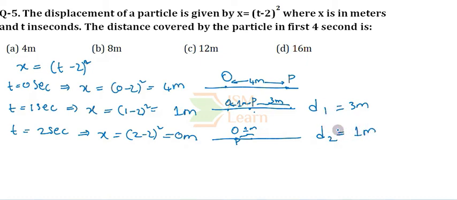We are talking about the distance traveled; the formula gives us the displacement of the particle, but we are finding distance.